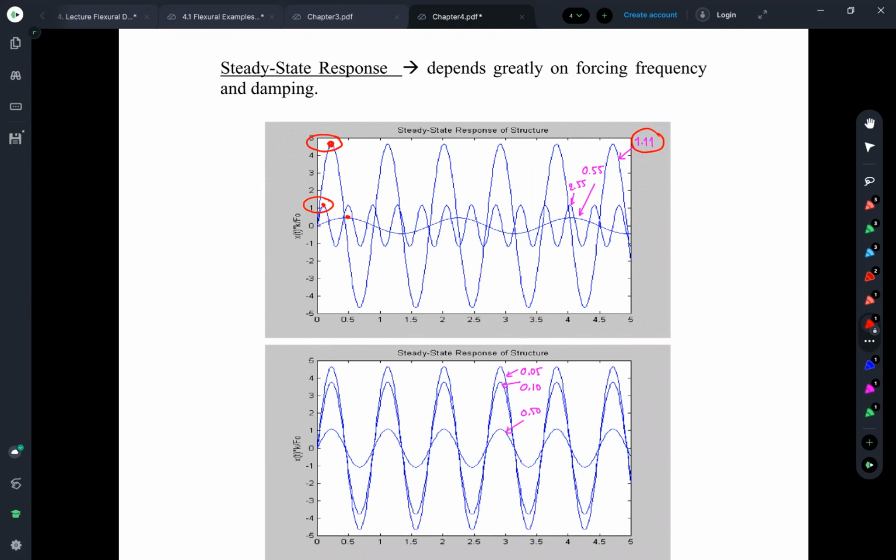You imagine the earthquake, right? You shake back and forth your building. Even though it goes like positive, negative, like the harmonic, it's not pure harmonic. It's a more complicated form of the signal or curve or force function.